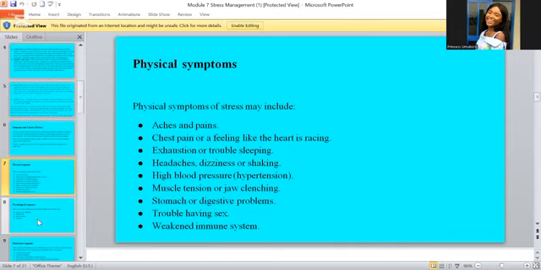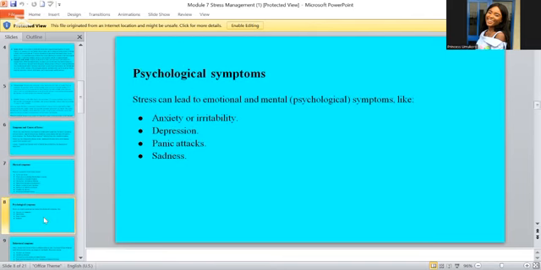Physical symptoms of stress may include aches and pains, chest pain, or feeling like the heart is racing, exhaustion or trouble sleeping, headaches, dizziness or shaking, high blood pressure, muscle tension and jaw clenching, stomach or digestive problems, trouble having sex, and weakened immune system.